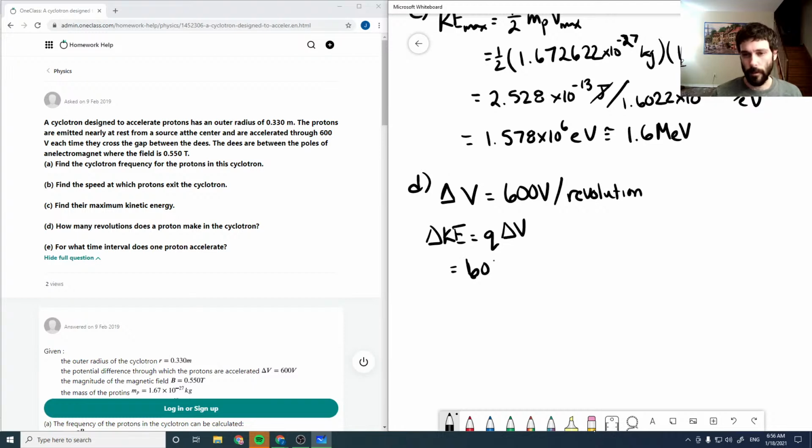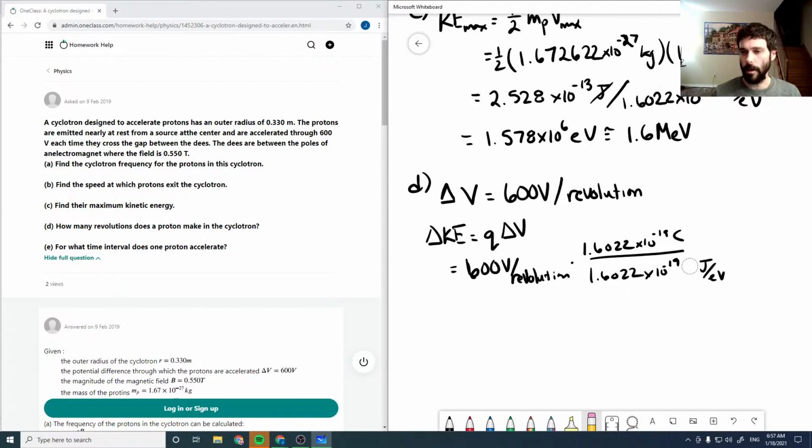So 600 volts per revolution times the charge on a proton. And then we can convert it to eV by dividing by the factor, which is just the charge on an electron, which is the same as the charge on a proton.